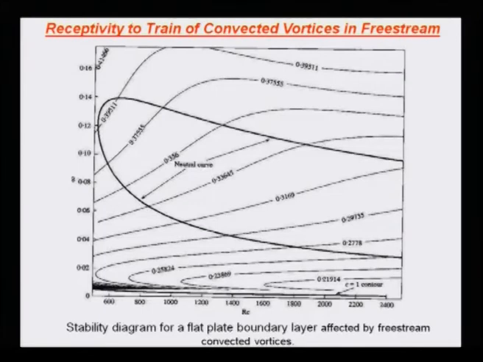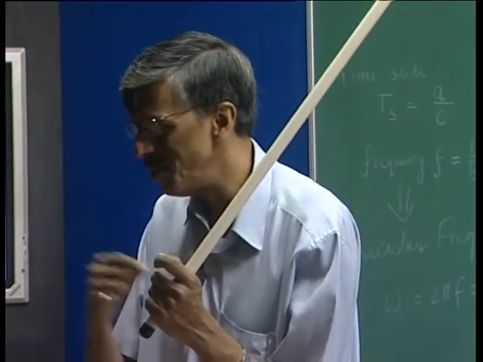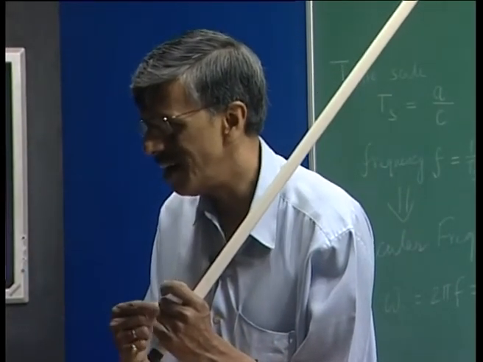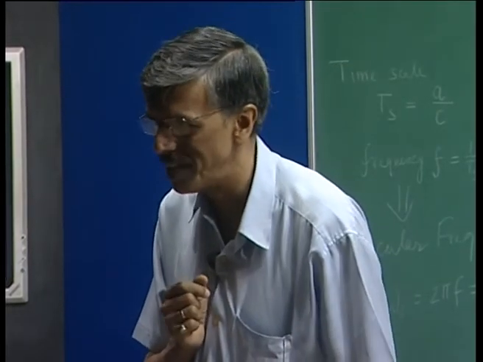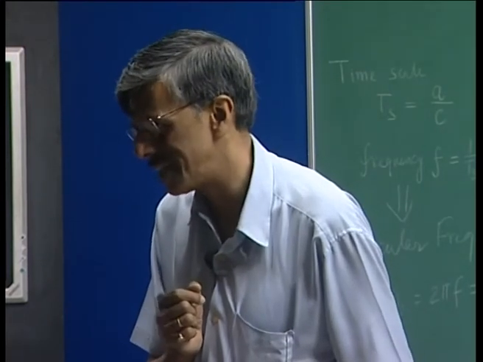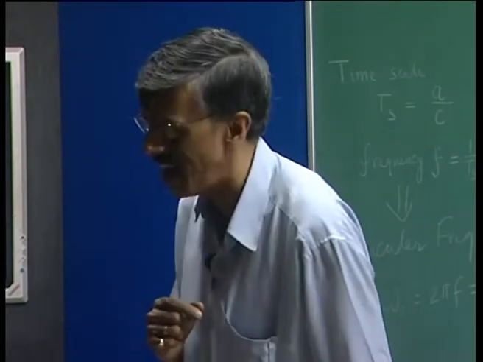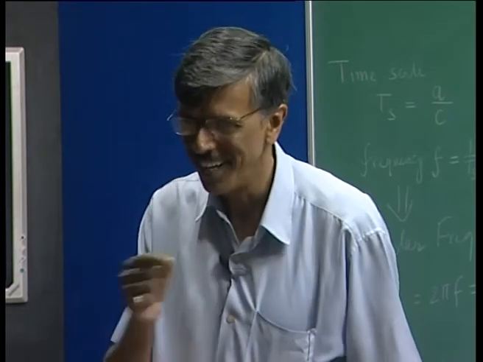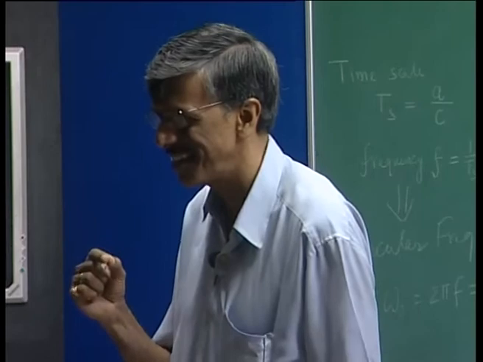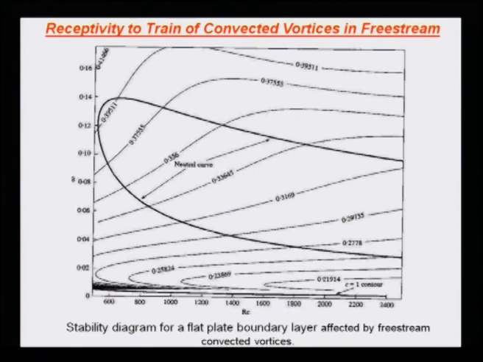So there is a band of convecting speed in which this remains unstable. In fact, some such experiment was done by Dr. Jim Kendall at Jet Propulsion Lab. So when I showed him this result in a conference in Washington, he actually narrated to me a couple of his papers where he had seen this thing but could never explain. And this figure very clearly says why he saw what he saw.